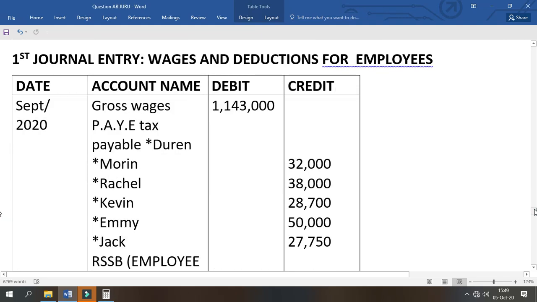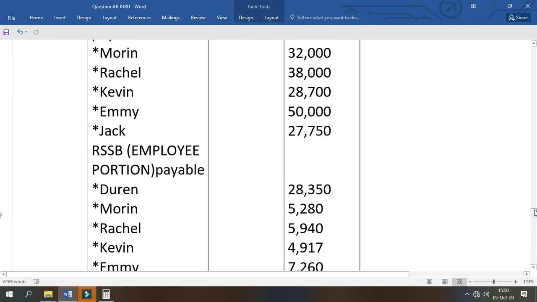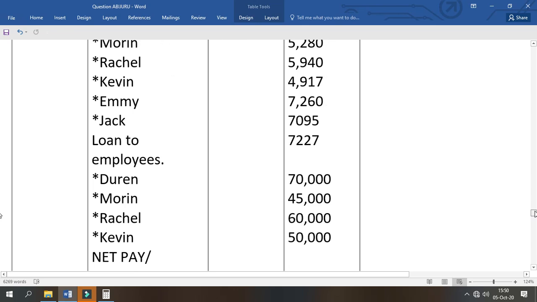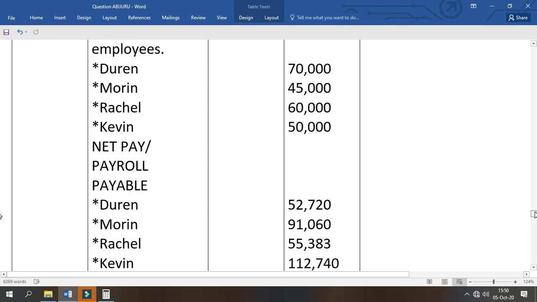Then we are going to credit four accounts. We credit the pay as you earn tax payable account, we credit the Rwanda Social Security Board contribution employee portion payables, we credit the loan to employees account, and we credit net payroll or payroll payables.